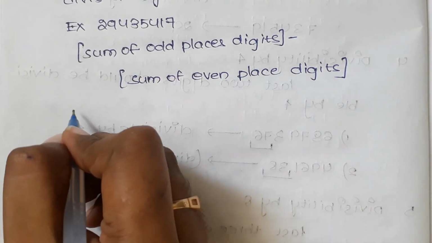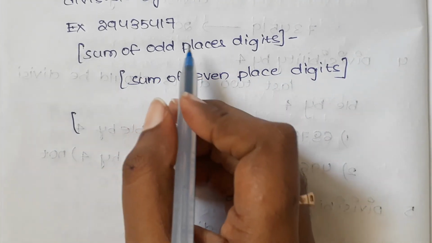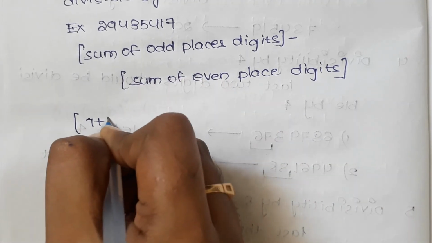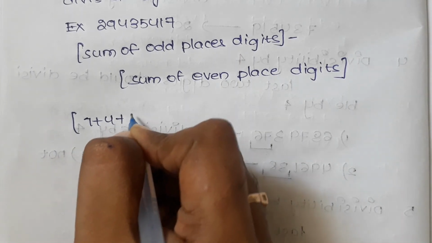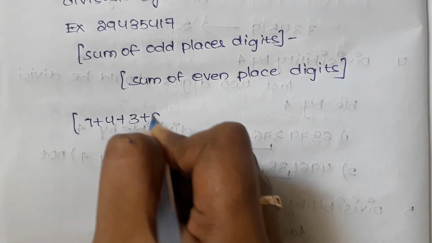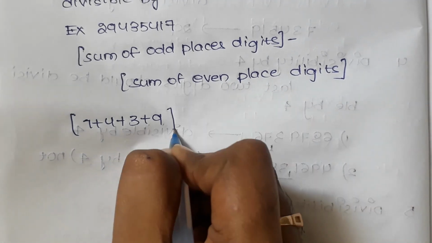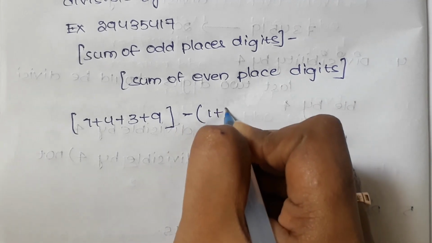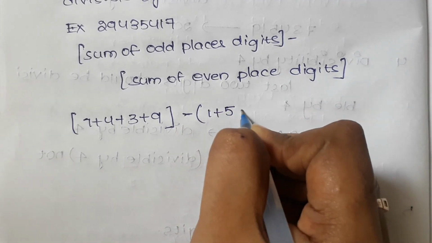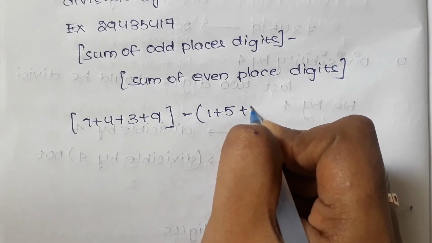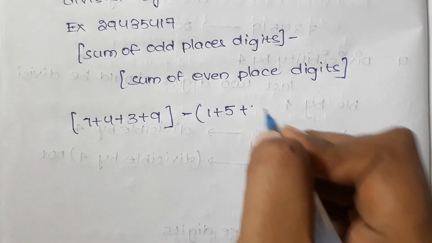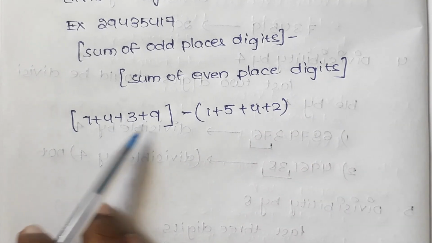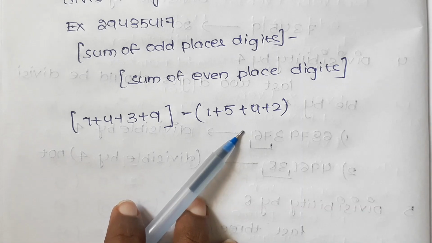Now let us check them. The odd place digits we have are 7 plus 4 plus 3 plus 9, and the even place digits are 1 plus 5 plus 4 plus 2. These are odd place digits and these are even place digits.